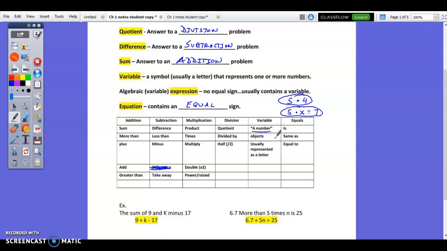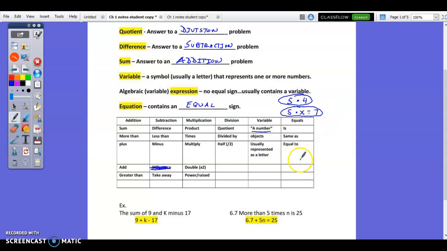It's an unknown, so we could put any type of variable in there. A lot of times objects can be used as variables. If you're trying to find how many apples there are, you might use a for apples. So it's usually represented as a letter. And sometimes you can use variables to help you understand what the actual thing you're solving for is. If you're solving for how many cars there are, you might use c as the variable.